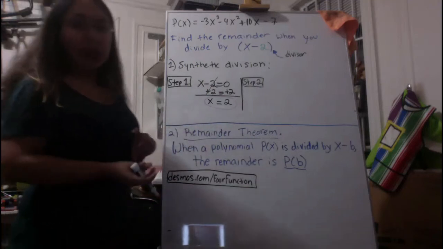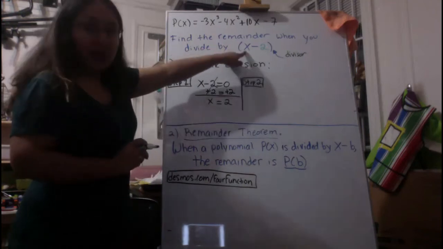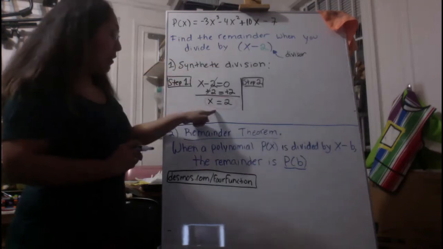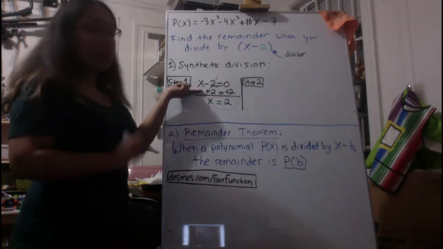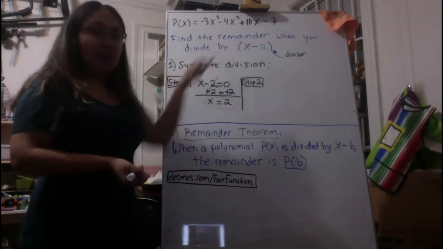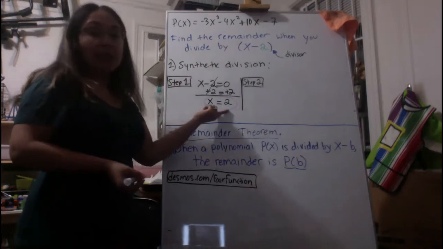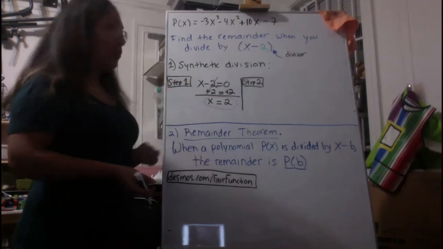Notice the inverse relationship with the signs on the divisor, what you're dividing by, and what you got when you solve for x in step 1. Since you use the inverse operation, the minus 2 inside the divisor, you're getting here x equals positive 2. So it's one thing to keep in mind as we move along.